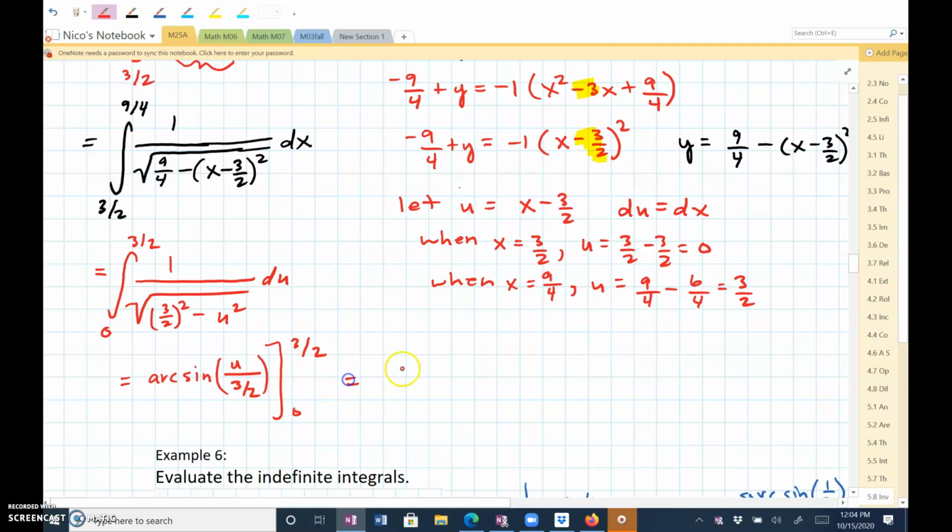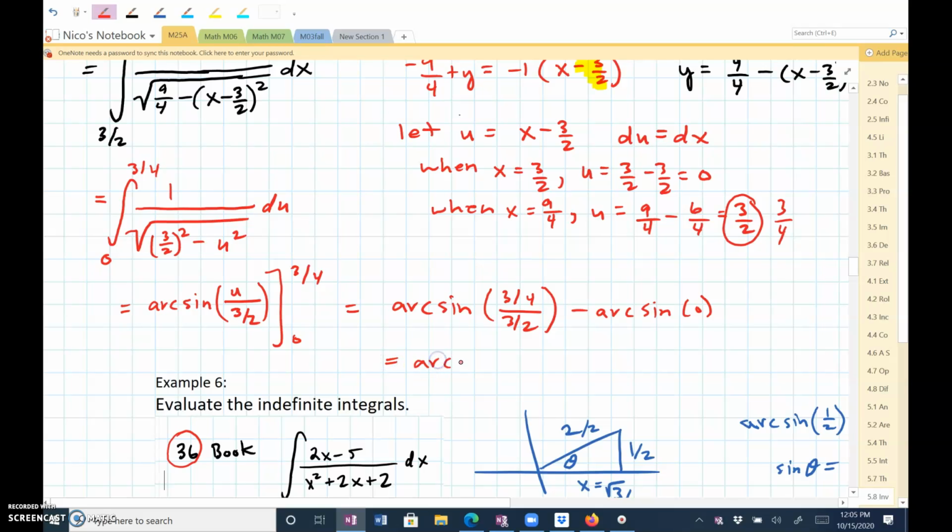So then this is going to be equal to arc sine of 3/4 over 3/2. I messed up again. This 3/2 should be 3/4. So this should be 3/4 minus arc sine of 0.